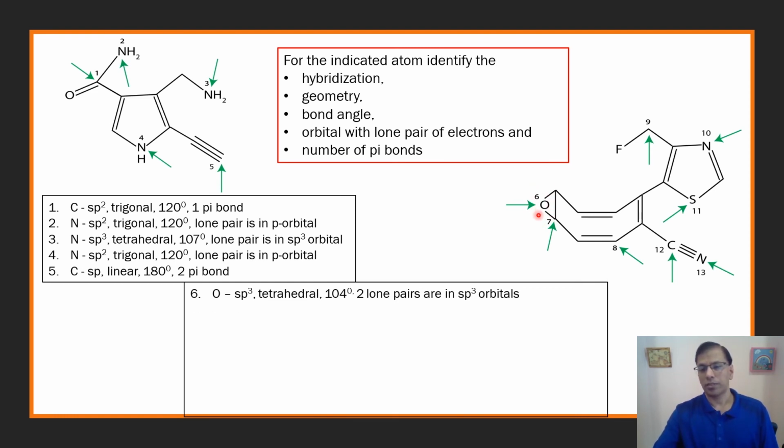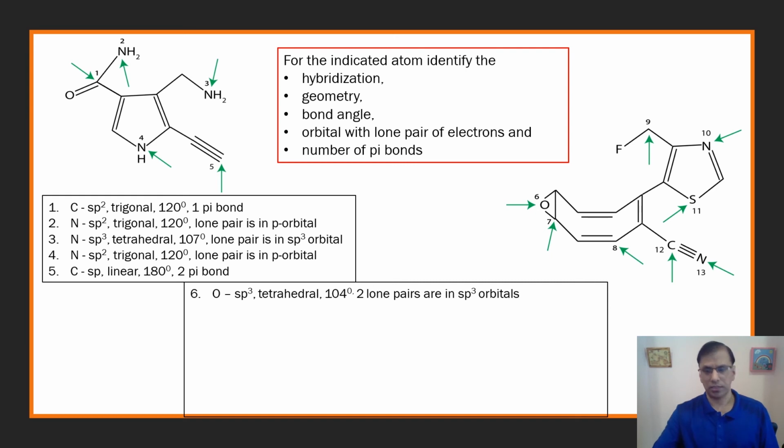So in case of atom 6, which is oxygen, is attached to one carbon here, one carbon here, and oxygen has 2 pair of electrons. And because it has 2 pair of electrons, in this case, both the carbon atoms right here, they are not attached to a double bond, and so oxygen is sp3 hybridized. It's tetrahedral, and it has 2 lone pair of electrons in the sp3 hybrid orbitals.